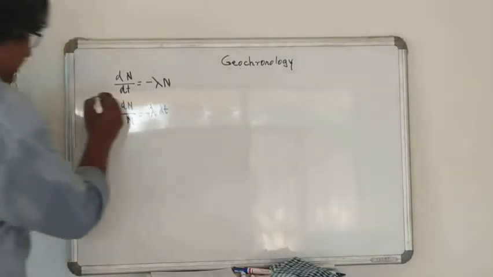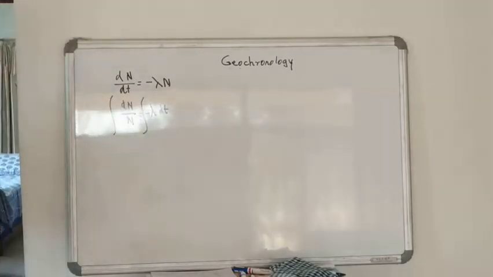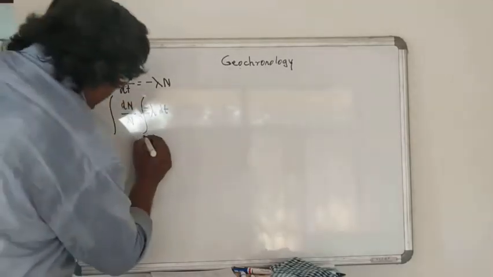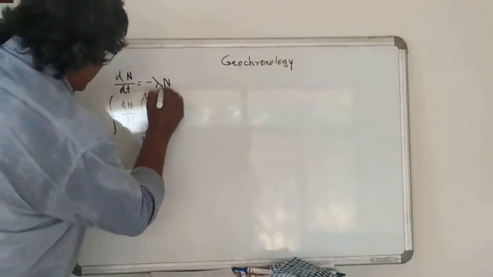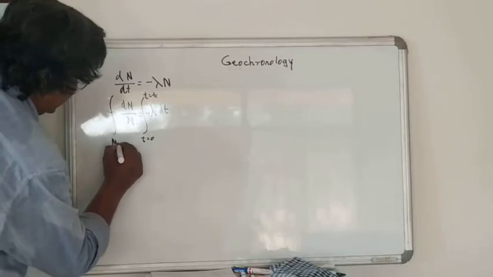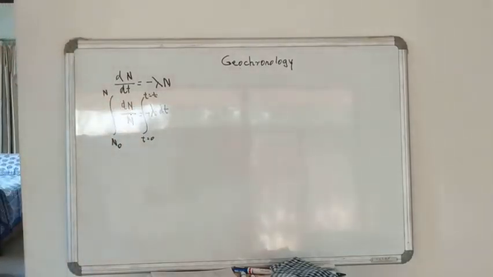And then you can take the integral of this, where time t goes from 0 to t, and N goes from N0 to N. This is how the integral goes.